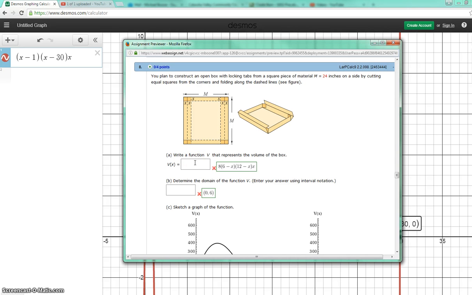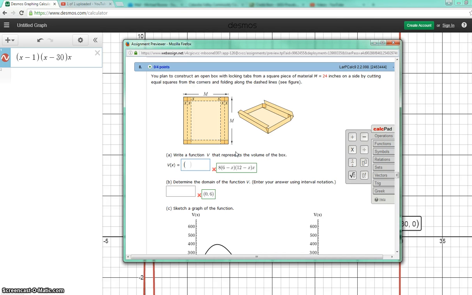So if I was trying to find the volume of this box, I see that I would have a length of 24 minus 4x, and I see that I have a width, so this would be 24 minus 4x, because I'm subtracting 1, 2, 3, 4 lengths of x's.